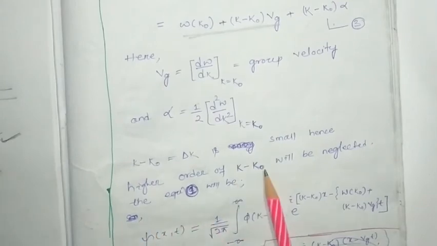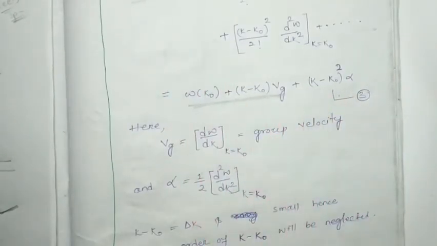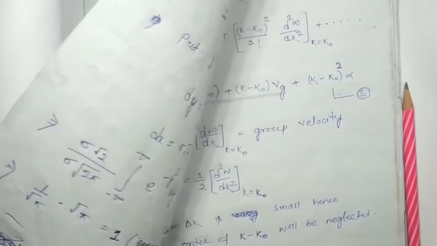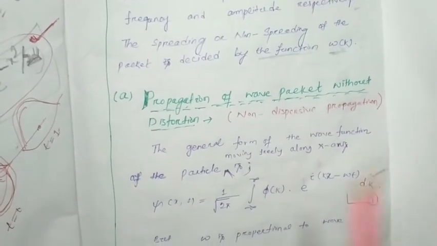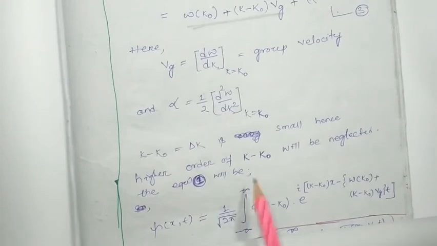Now if we put this omega(k) value in equation number 1, hence equation number 1 will be psi(x,t) equal to 1/2 pi, integral from minus infinity to infinity, phi(k minus k0) e to the power i[(k minus k0)x minus omega(k0) t plus (k minus k0) Vg t], where omega is a function of k0.